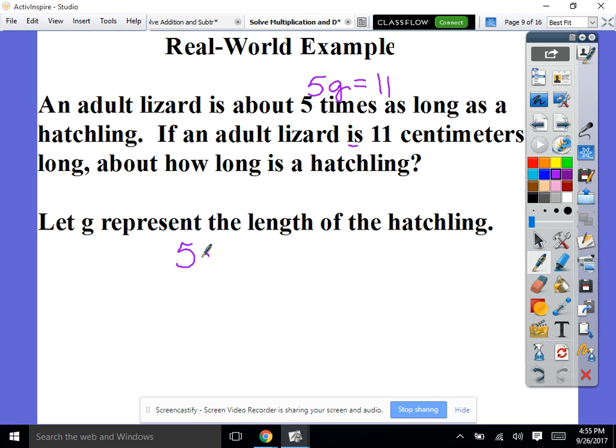So if we have the equation 5 times the length of a hatchling equals the length of a lizard, 11, we're going to divide by 5, and G equals 5 goes into 11 2 times with 1 left over, 2 1/5, which is also equal to 2.2 centimeters, which is the length of the hatchling.